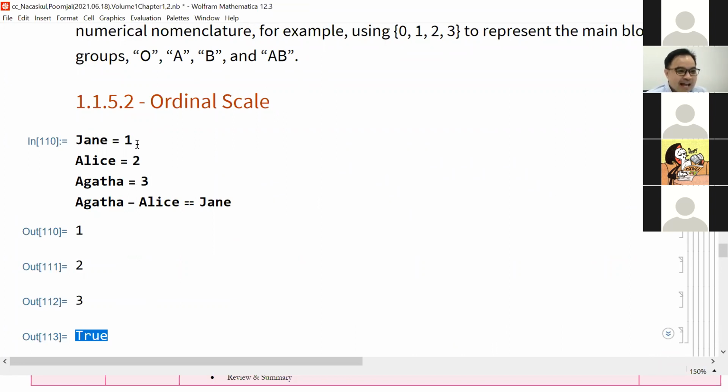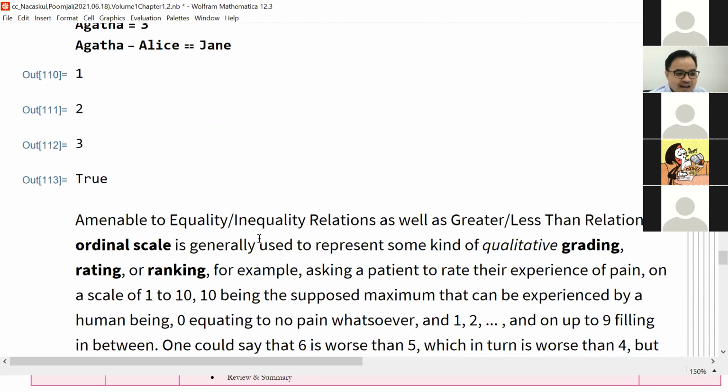Because by law or by agreement, an ordinal number only gives you order. This is less than this is less than that. But you cannot tell the distance. You cannot do this. Okay?